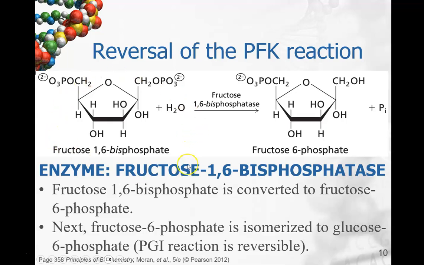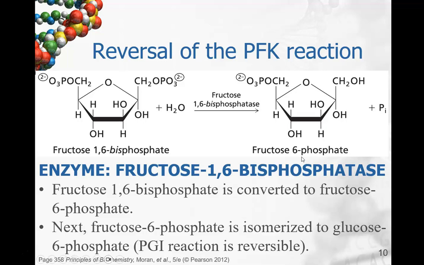So we are going to use a fructose 1,6-bisphosphatase. Here's the fructose 1,6-bisphosphate, and we're going to do a hydrolysis of the phosphate on the number 1 position. A phosphatase enzyme is an enzyme that carries out the hydrolysis of a phosphate group. So fructose 1,6-bisphosphatase will do a hydrolysis, and we'll go from fructose 1,6-bisphosphate to fructose 6-phosphate.